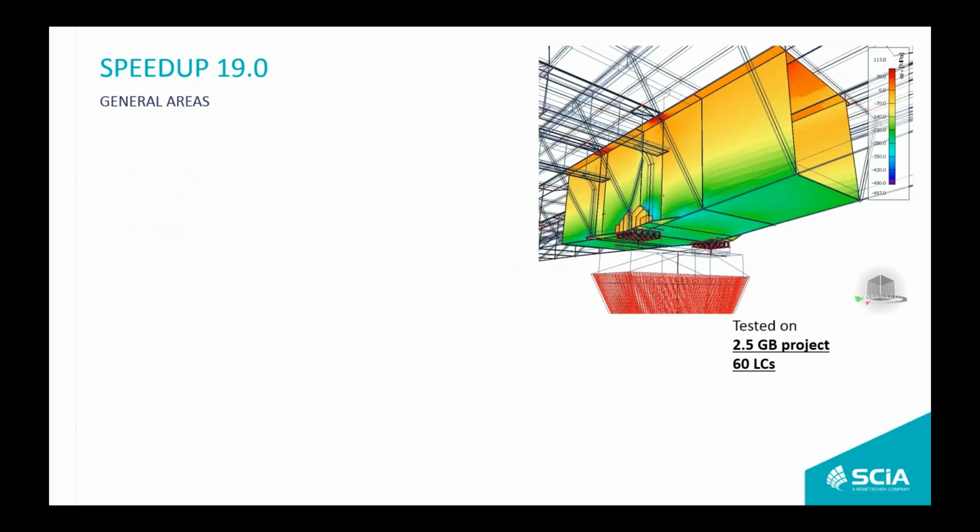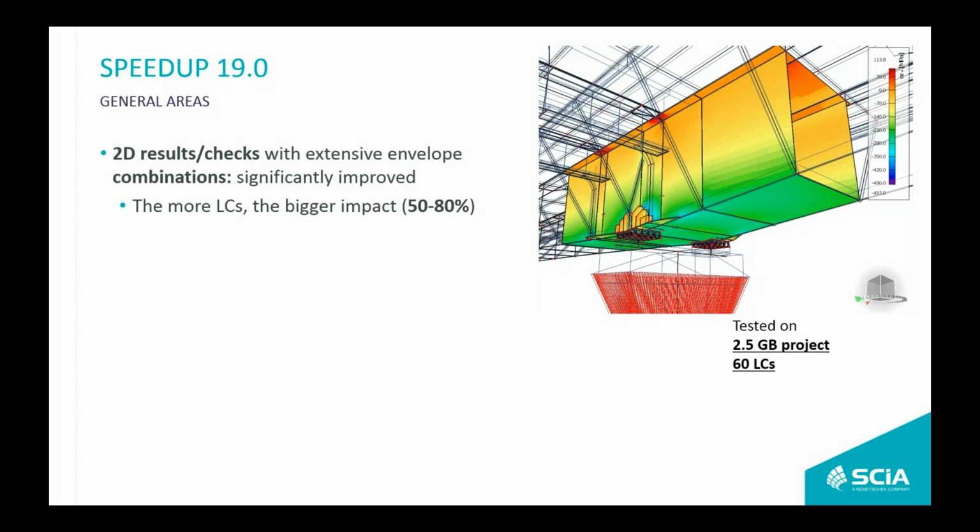The most important speed up that we present is the speed up of results and also analysis. The results on 2D elements, such as checks or stresses, in this case stresses on 2D elements with extensive envelope combinations, got significantly improved by up to 80% of time.